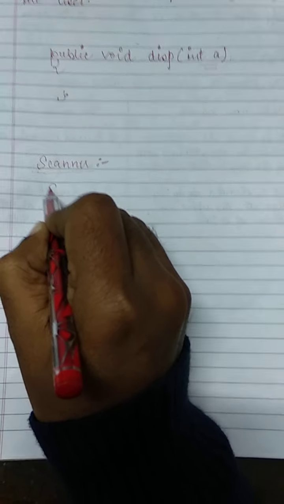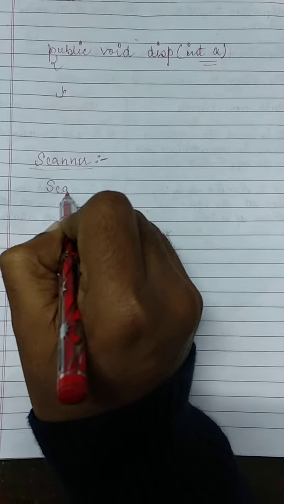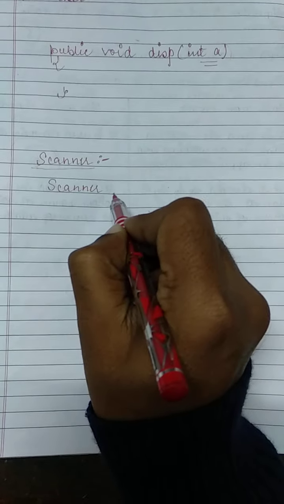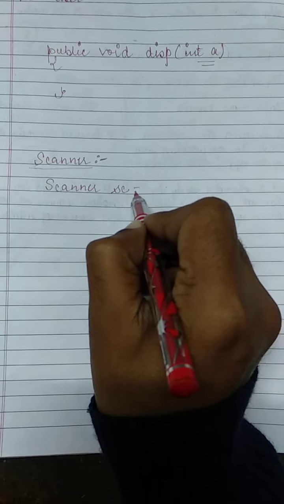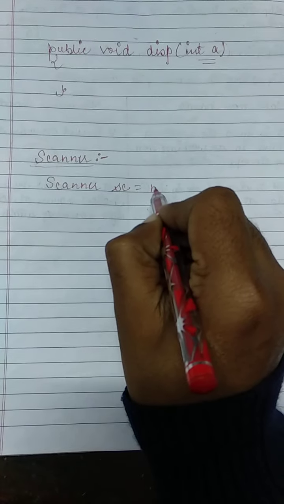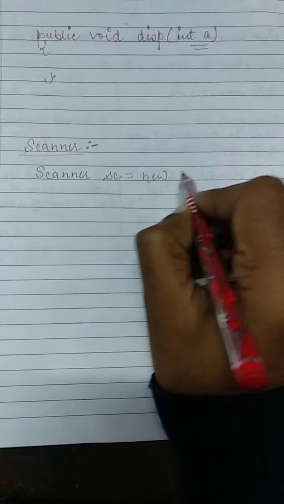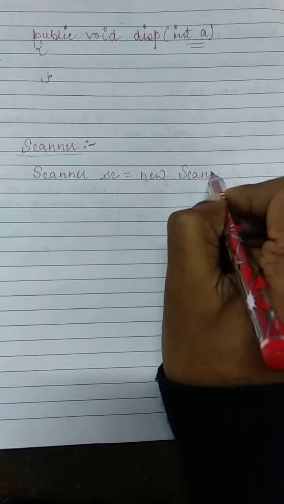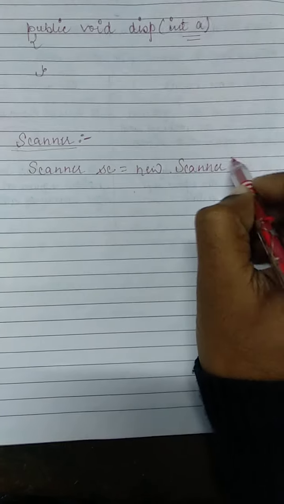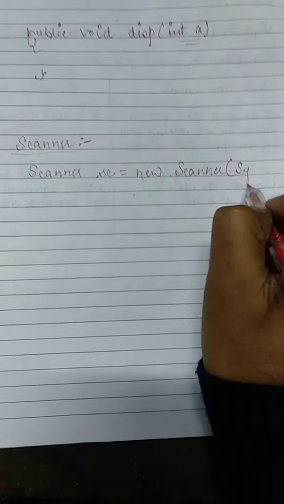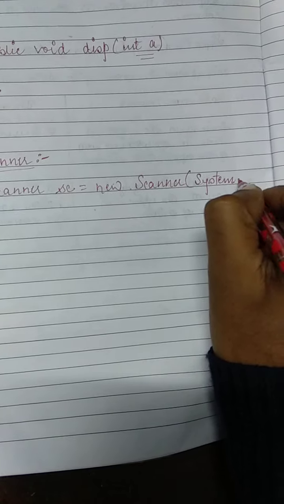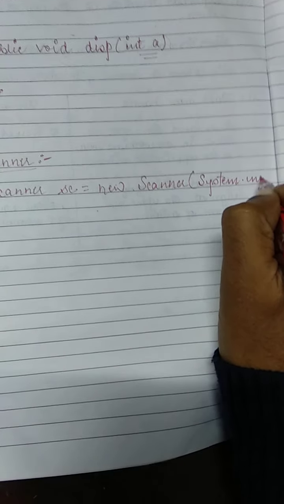First of all, you need to write Scanner, with S capital, then the object of this class, that is sc. Then write new Scanner, S capital, and then after that System dot in.